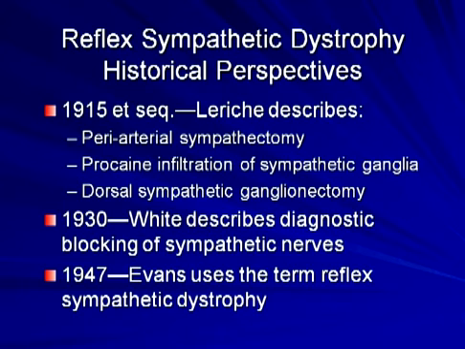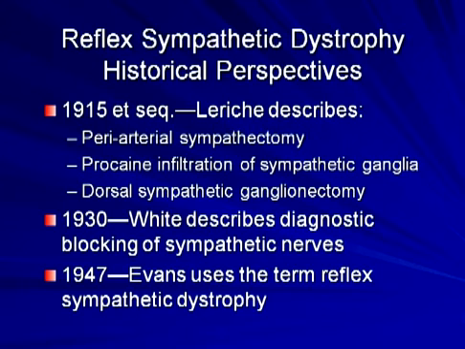Then White described, in 1930, the first nerve block done percutaneously of sympathetic nerves. And so he said, well, maybe we can figure out who, because obviously not everyone who had the surgery responded to surgical treatment. There were patients who had the surgery, some responded, some didn't.